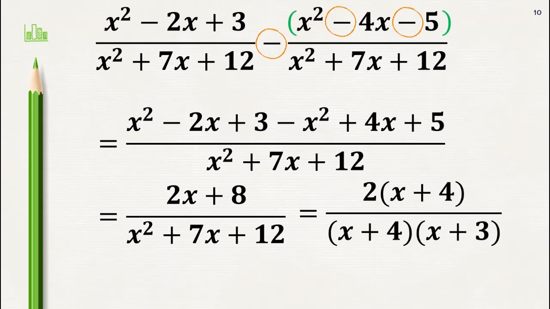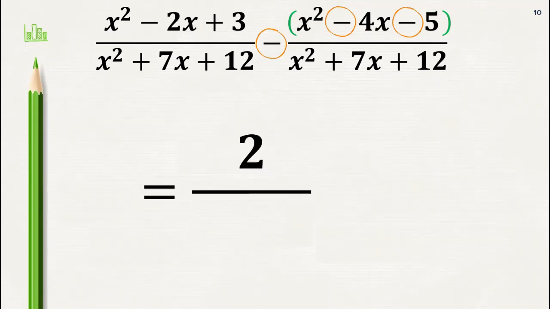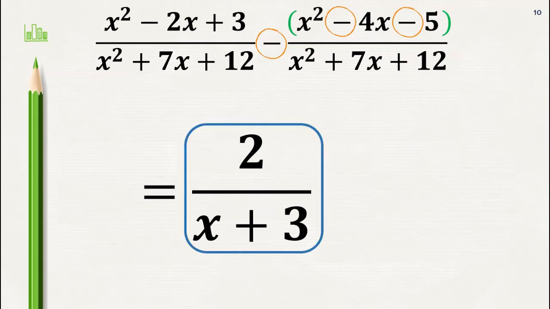And then our favorite part is the cancellation. So cancel x plus 4 and then copy the remaining factors. We have 2 over x plus 3. Therefore, the difference of our given is 2 over x plus 3.